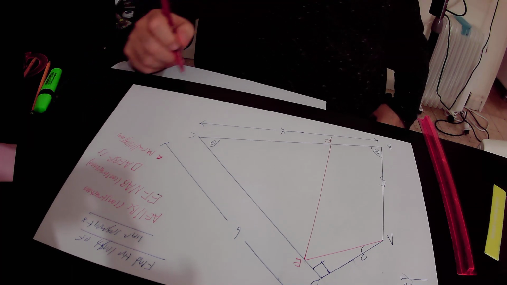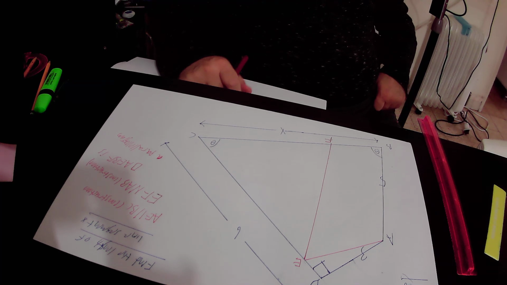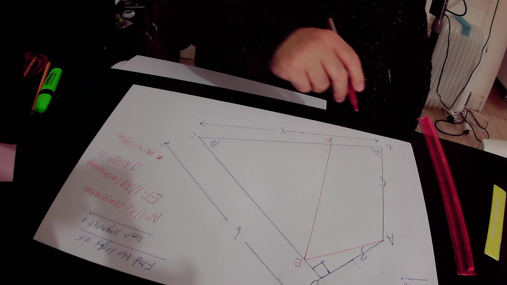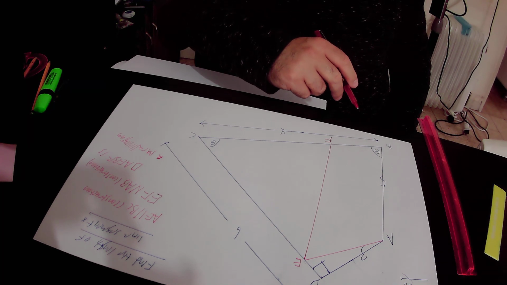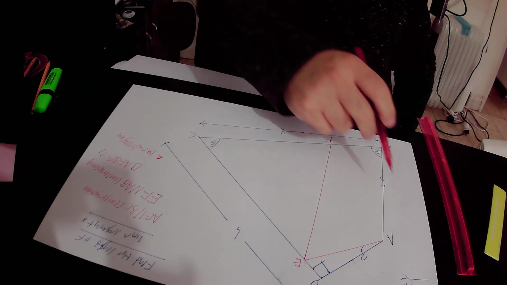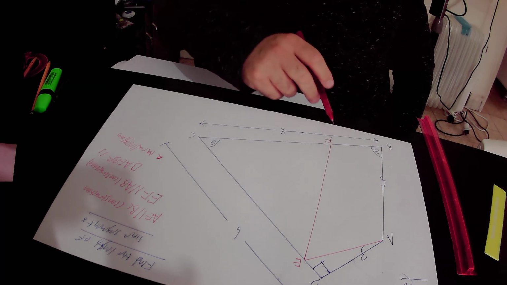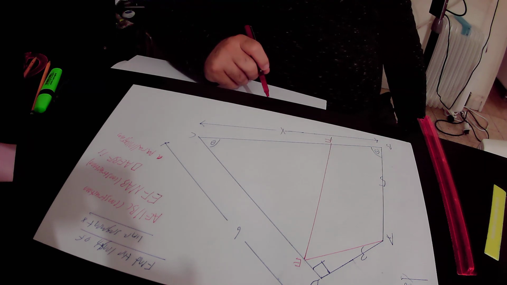Any quadrilateral that has two couples of sides that are parallel to each other is defined as a parallelogram. And here quadrilateral AEBF has two couples of sides that are parallel to each other. AB is parallel to EF, and AE is also parallel to BF. Therefore, quadrilateral AEBF is a parallelogram.